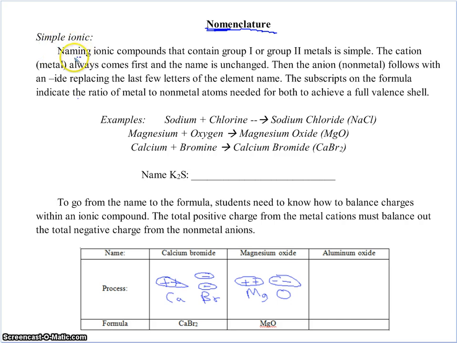Simple ionic. Naming ionic. Oh, naming. Look at that. So I'm going to write it down as a guess. Naming ionic compounds that contain group 1 or group 2 metals is simple. Remember, that's the first or second column on the periodic table. The cation, which is the metal, always comes first and the name's unchanged.